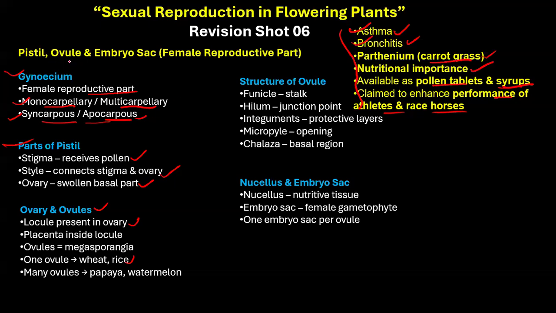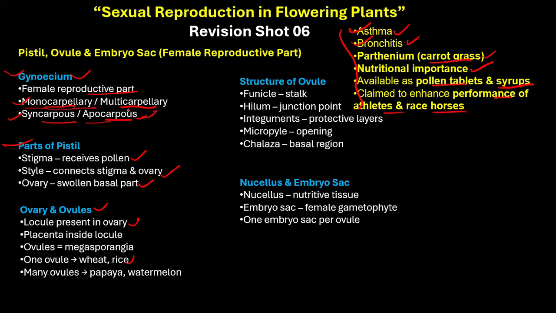Then coming to the structure of the female gametophyte: pistil, ovule, and embryo sac. Gynoecium is the first structure. It's the female reproductive part. It may be monocarpellary, it may be multicarpellary, it may be syncarpous, it may be apocarpous. If you have one pistil present in the ovary, it's called monocarpellary.